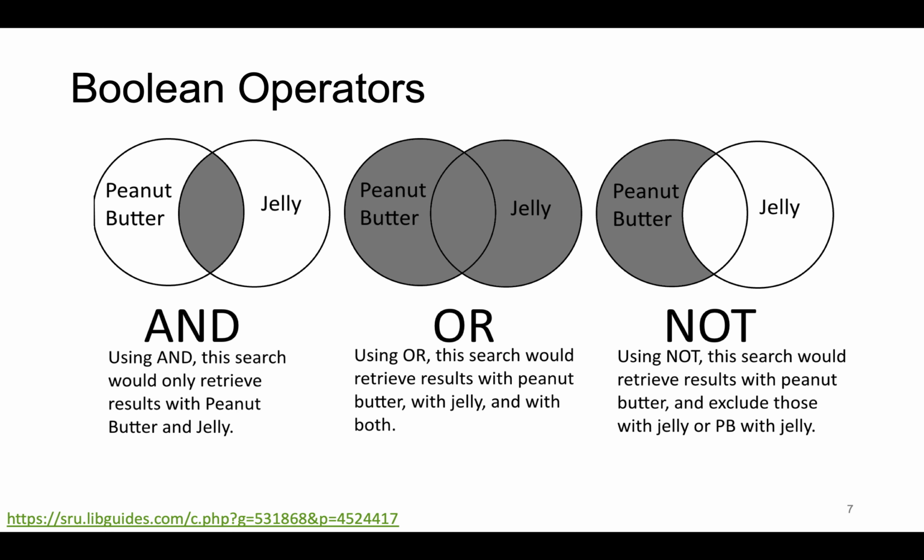If you wanted to find any papers that had peanut butter and/or jelly discussed, then you would use "OR." Finally, if you wanted to look at papers where only peanut butter was discussed but not jelly, you would use "NOT." And so definitely familiarize yourself with these Boolean operators because they can be very helpful, especially if you're really trying to narrow down a particular topic.